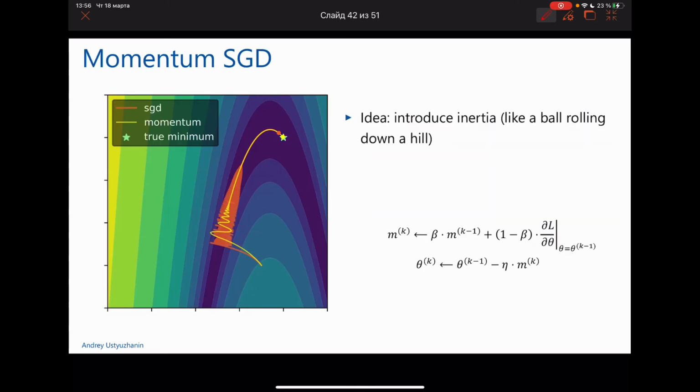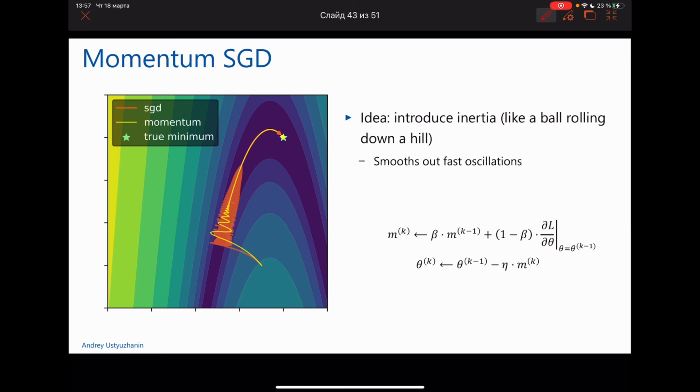Another idea is that we can introduce an artificial inertia in this space of the movements of the gradient. You see, in case you start from here and fall down the valley, you start to oscillate along this axis, because you have some kind of tangential component of the movement.